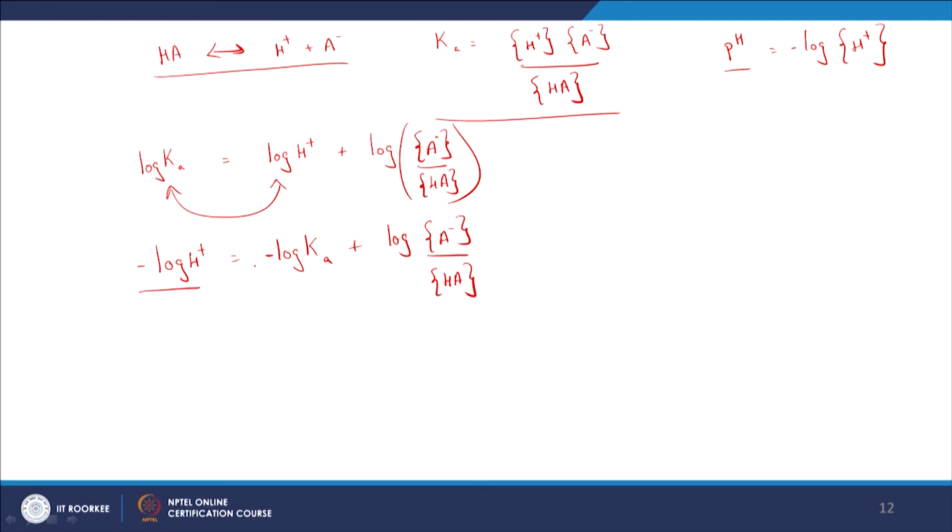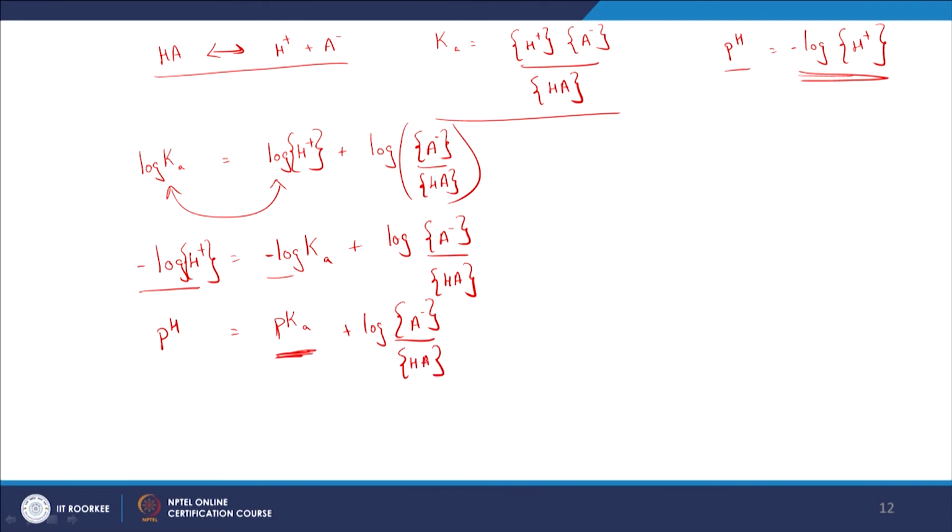So, what is this particular term here? Minus log activity of H plus, as we know, is pH. Similarly, we are going to represent minus log Ka as pKa, and this is something you are going to keep in mind, as it is going to be remarkably important in your acid and base systems, plus log A minus by HA.